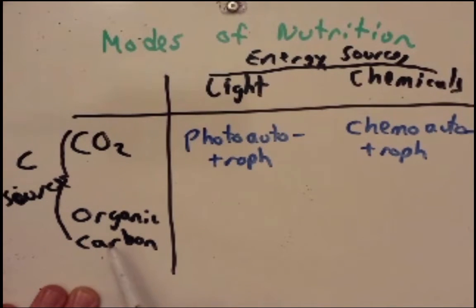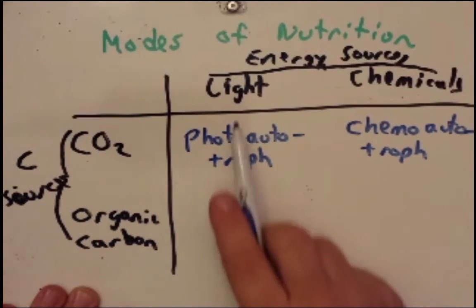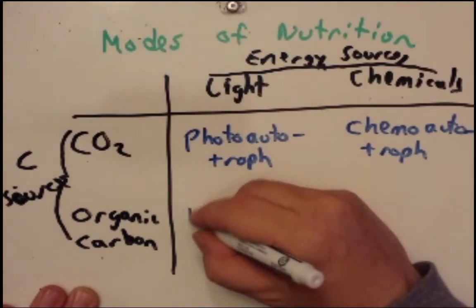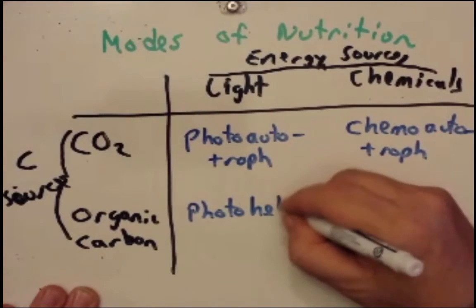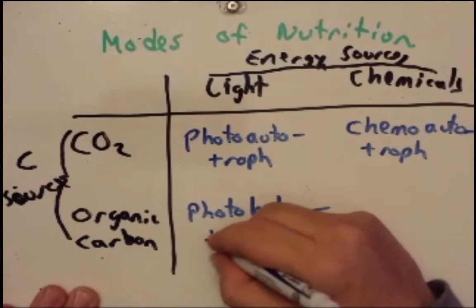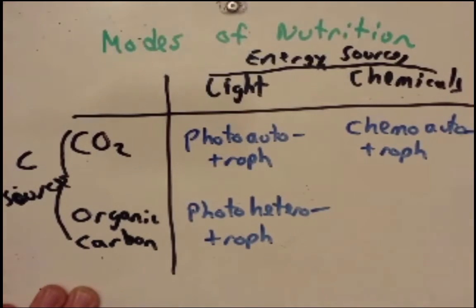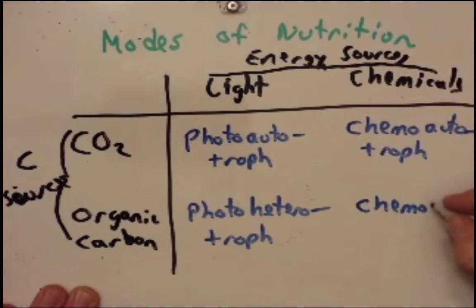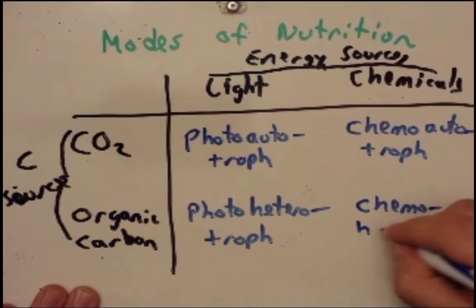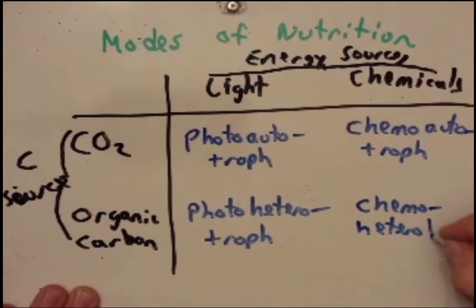An organism that gets its carbon from an organic material and its energy source from light, we would call that organism a photoheterotroph. An organism that gets its carbon from organic material and its energy from chemicals, we would call that organism a chemoheterotroph.